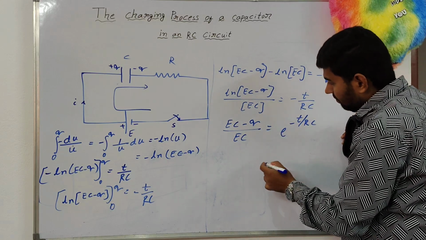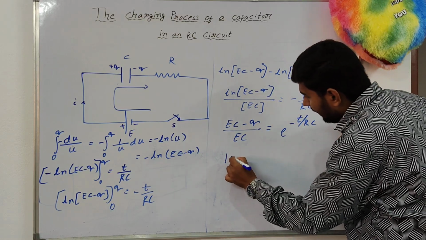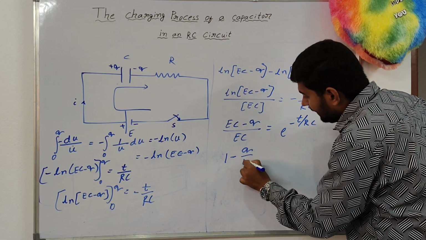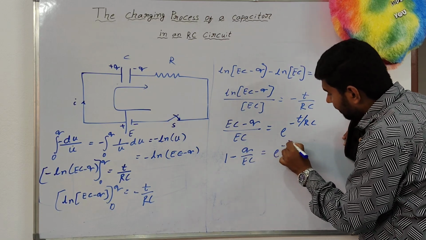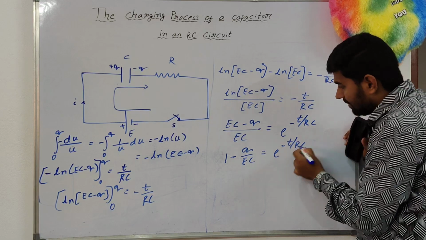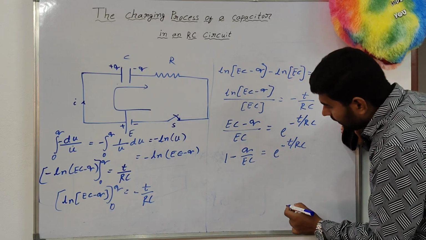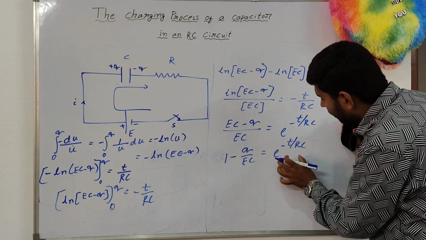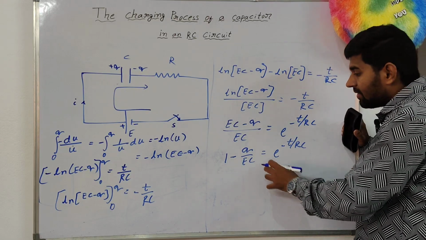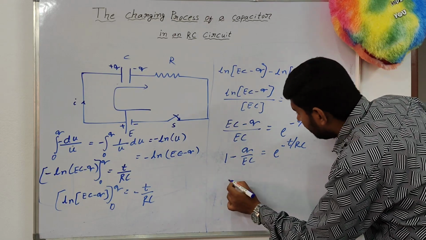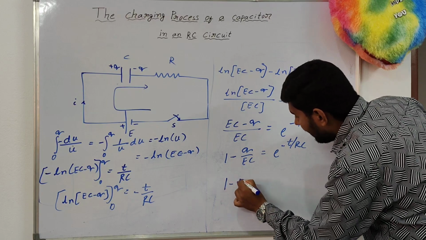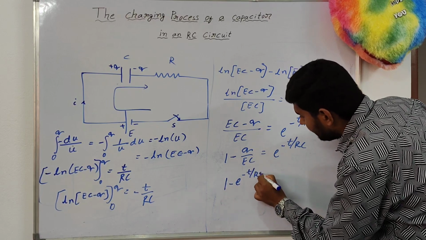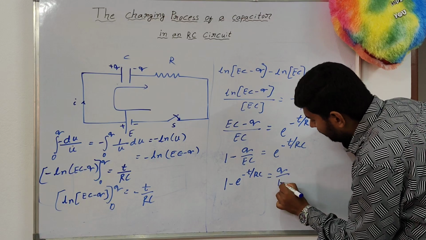From this, how can I write? 1 minus q by EC is equal to e power minus t by RC. If I transpose the e power minus t by RC to that side, it will become 1 minus e power minus t by RC is equal to q by EC.